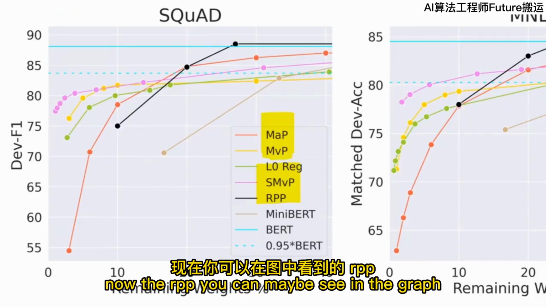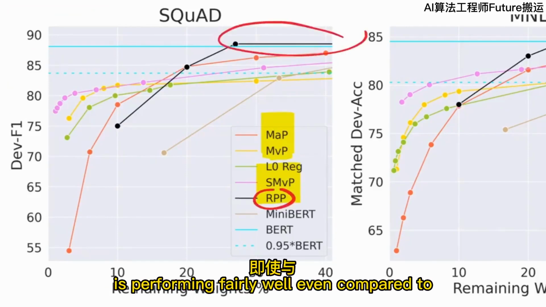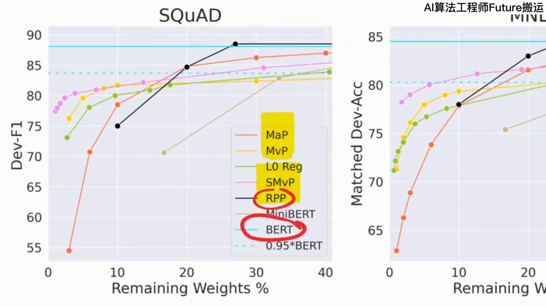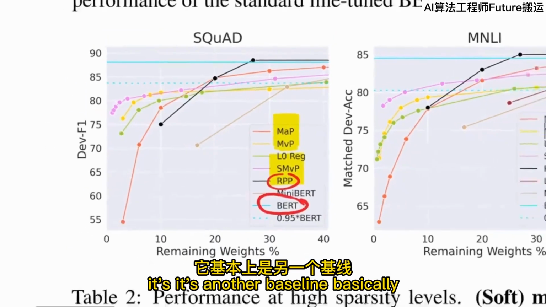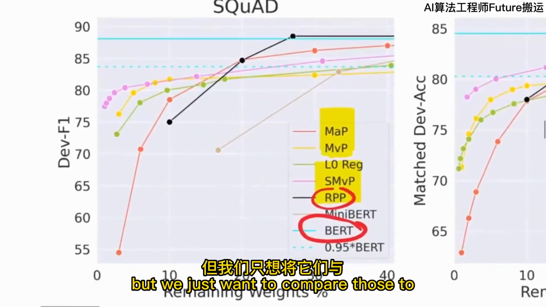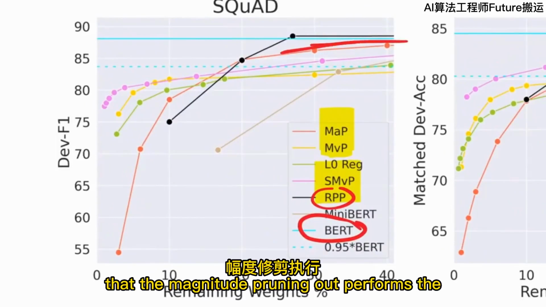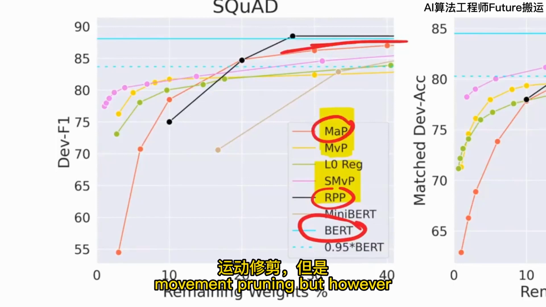Now the RPP, you can maybe see in the graph, is performing fairly well, even compared to the full model. It's another baseline basically, but we just want to compare those two, and you can see that in this regime the magnitude pruning outperforms the movement pruning.